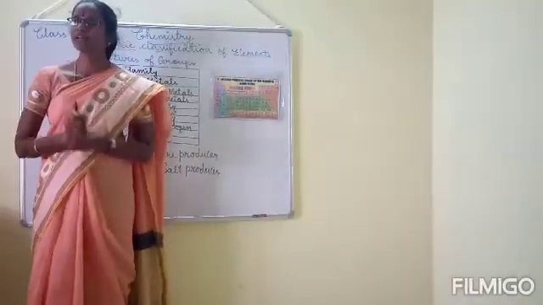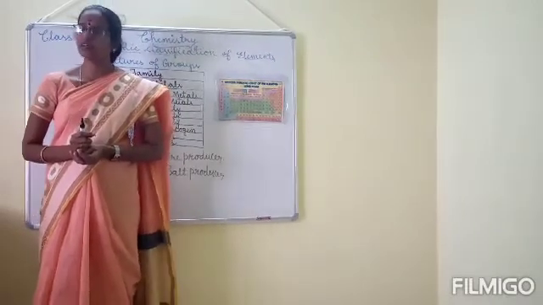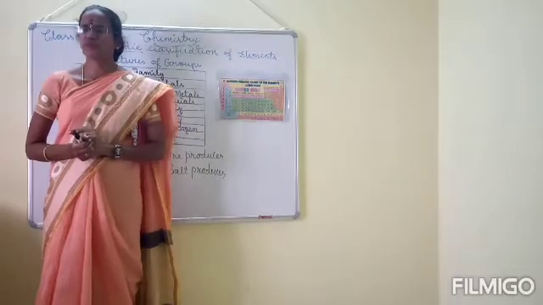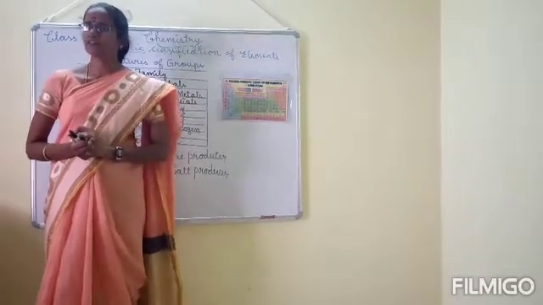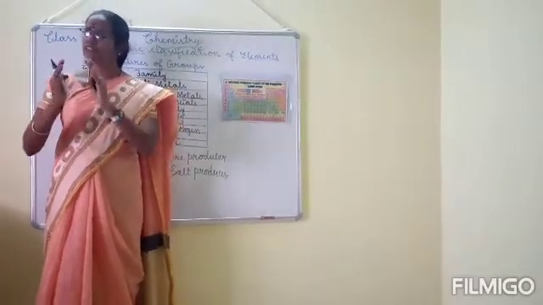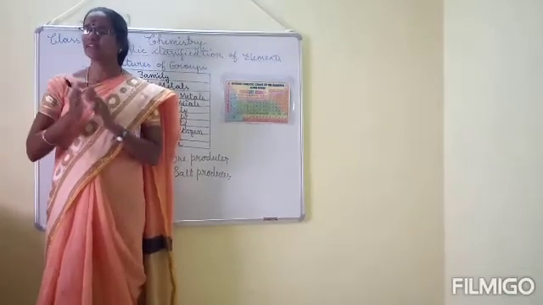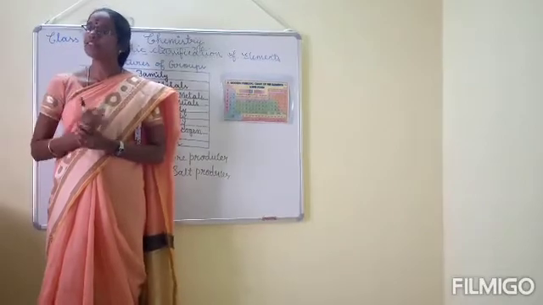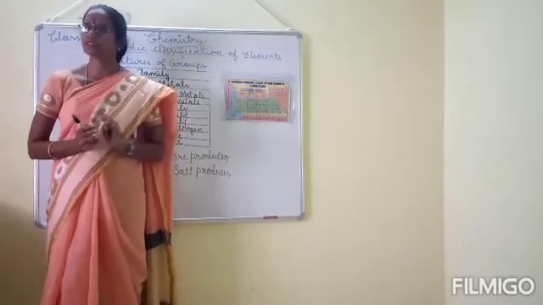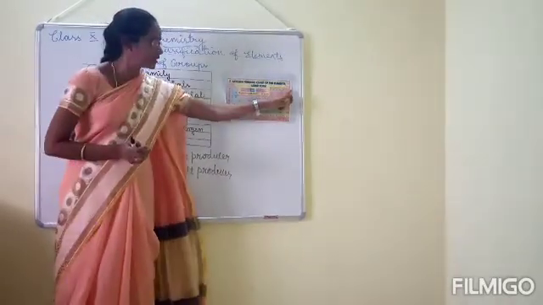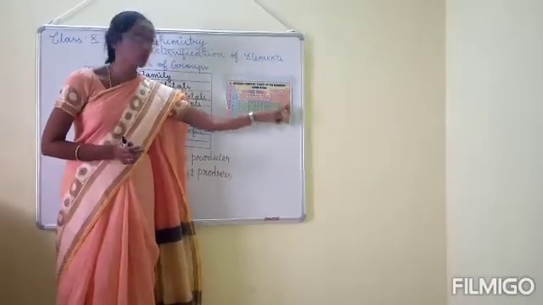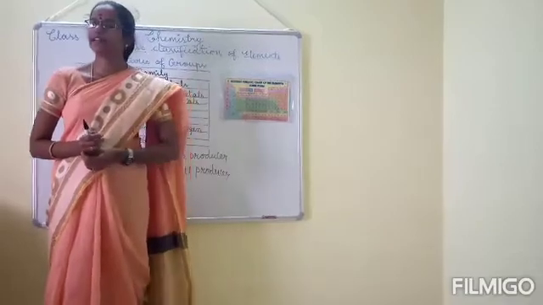They have stable electronic configuration in the valence shell and they are inactive in nature. Inactive means having little tendency to react chemically. That is why we say zero group elements are inactive in nature.